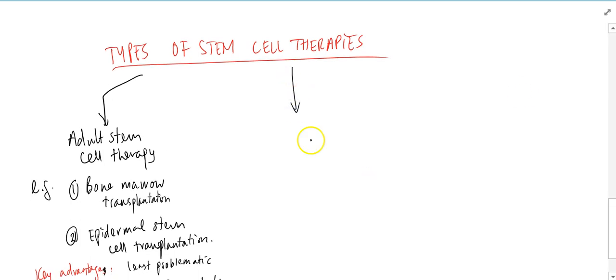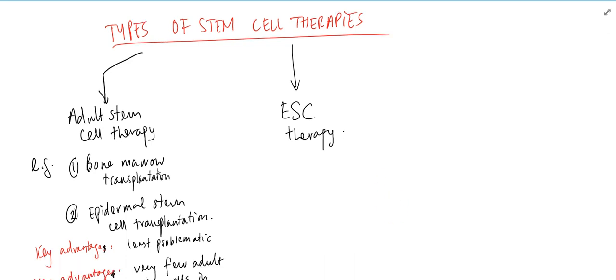And the second one is embryonic stem cell therapy. As we know, embryonic stem cells have an enormous potential. They're totipotent or pluripotent, and because they have high levels of potency, they can actually turn into any kind of tissue or organ that we want, theoretically.